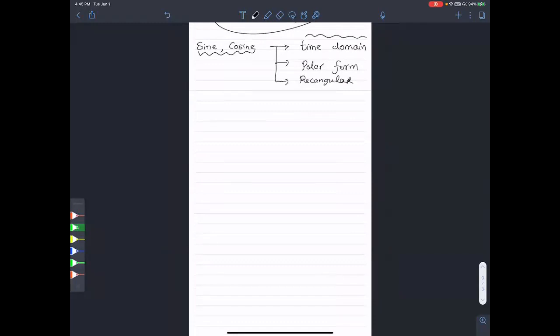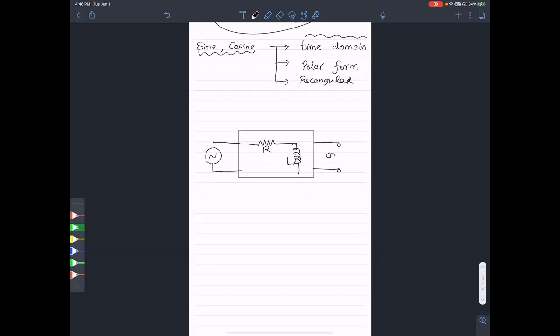Then we will go on to understanding what happens if I have a circuit, some kind of R, L, C circuit, and I apply the input of a sine wave. How is the output going to look?